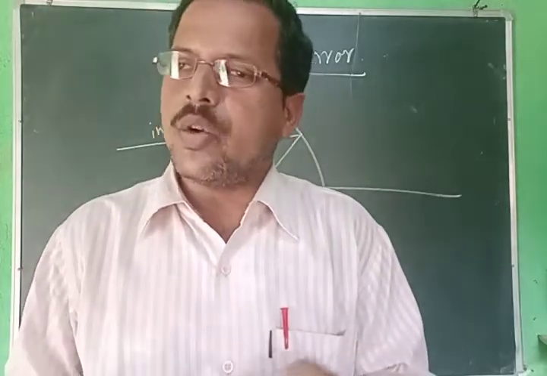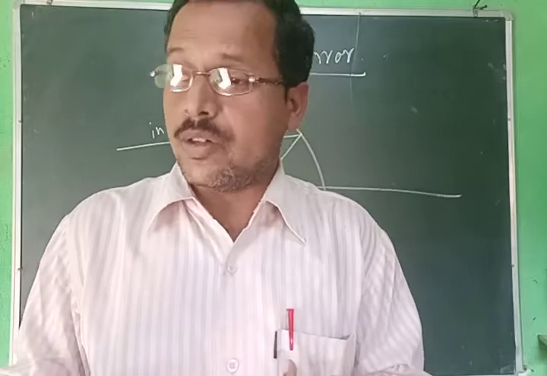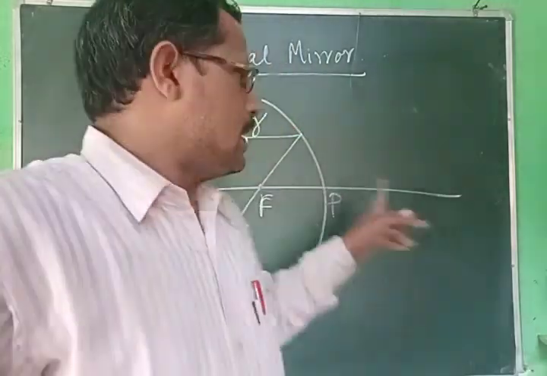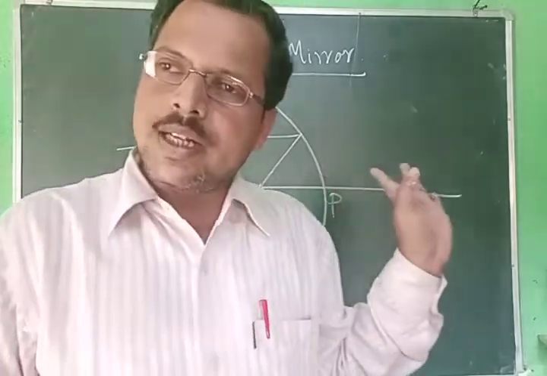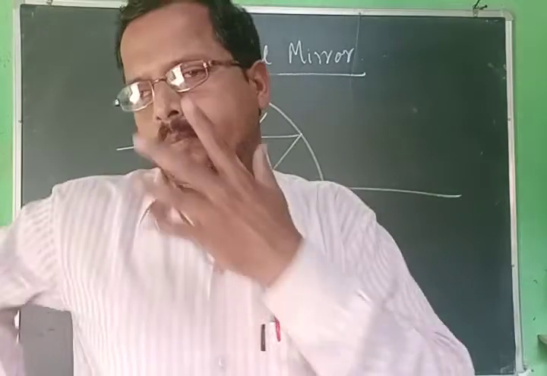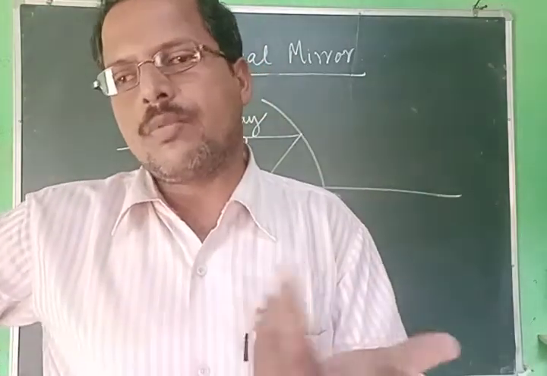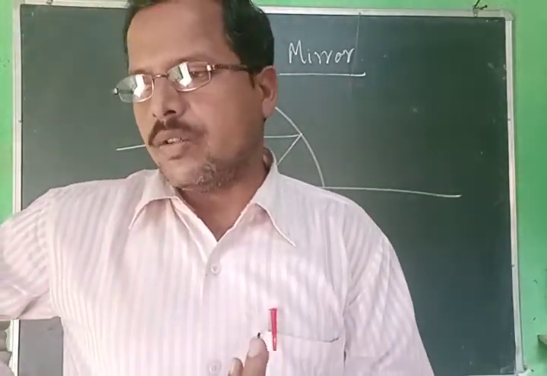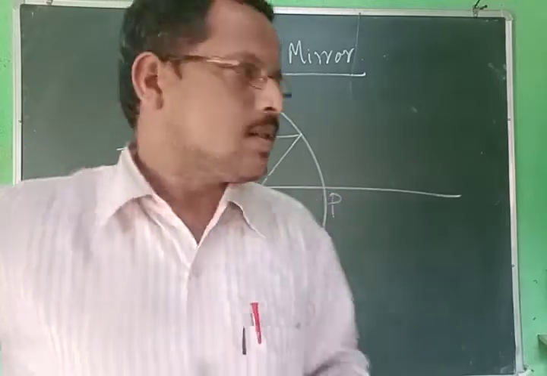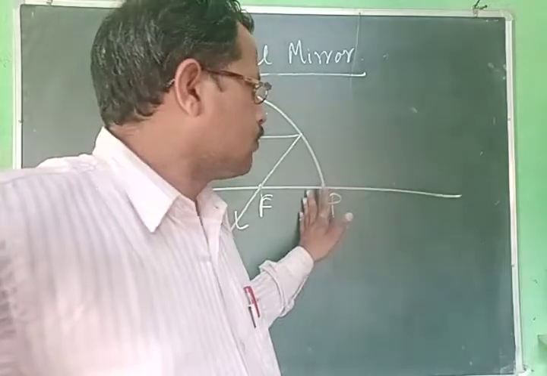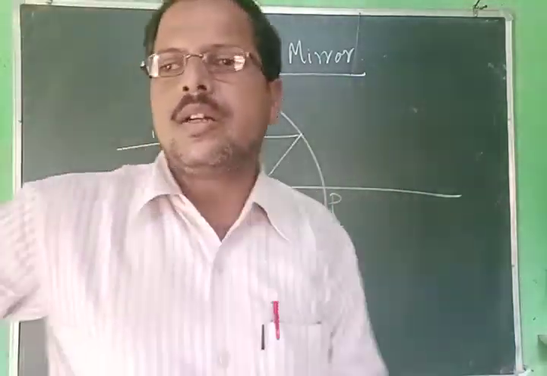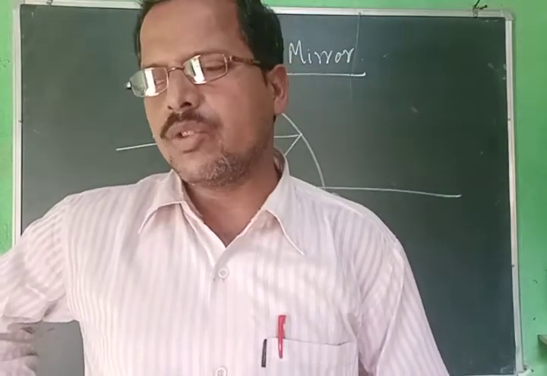The left side is always negative, as in coordinate geometry. Measurements towards the left are always negative, towards the right always positive. Suppose we are measuring image distance, object distance, height: left side negative, right side positive, upper side also positive, and downside negative. That is to be read later on.